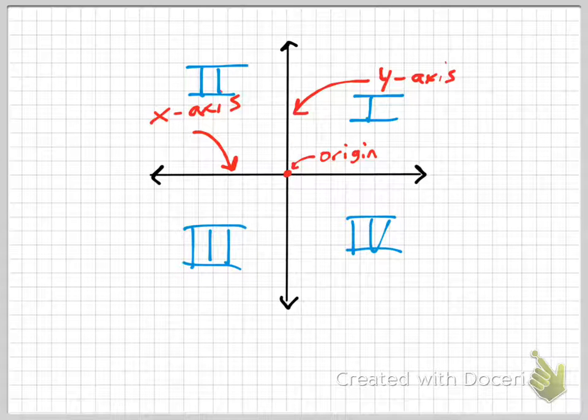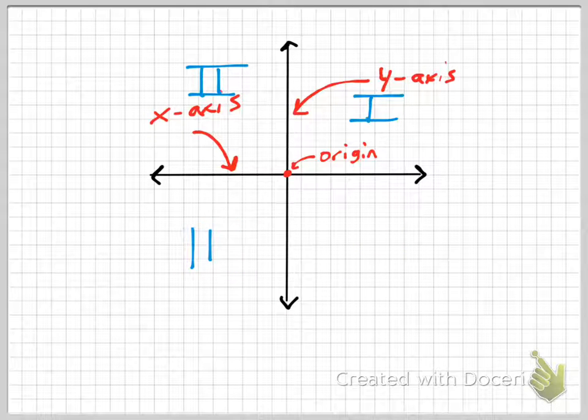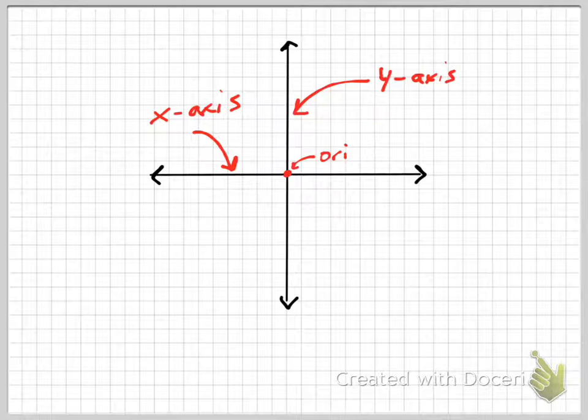Anyway, here's the deal. In the coordinate plane, I can put a point anywhere that I want to. Let's just say that I want to put the point right here. I'm going to put a point right there.